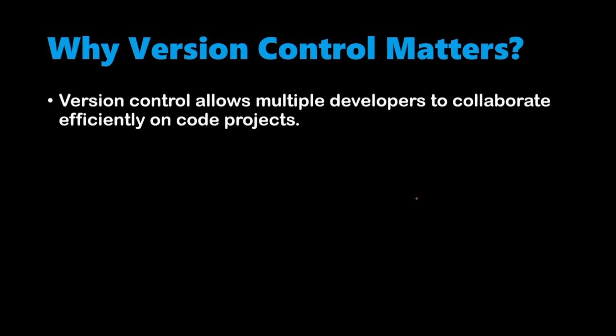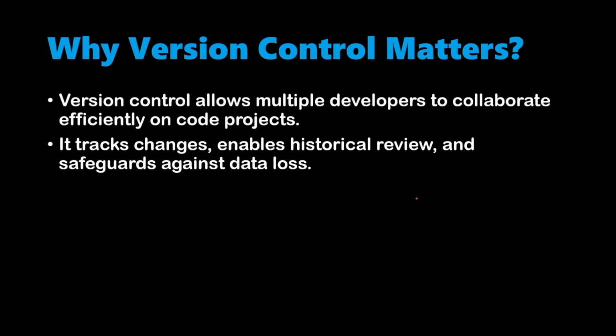Version control allows them to merge the code and write the code efficiently in order to make their software. And it tracks the changes, enables historical review and safeguards against data loss.